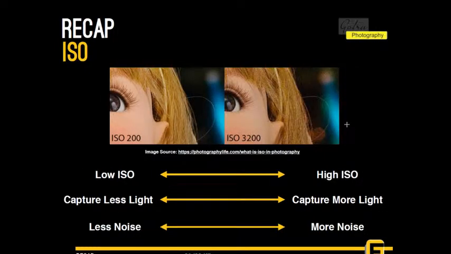Now ISO: if you have an ISO of 200, it will capture less light, but there will be no noise. If it is higher, like 3200, it will capture more light, but there will be more noise. Can you see? It looks very ugly because of the noise. So you have to make sure the ISO is the best. Try to increase the light inside your room instead of increasing the ISO. That's the better practice.